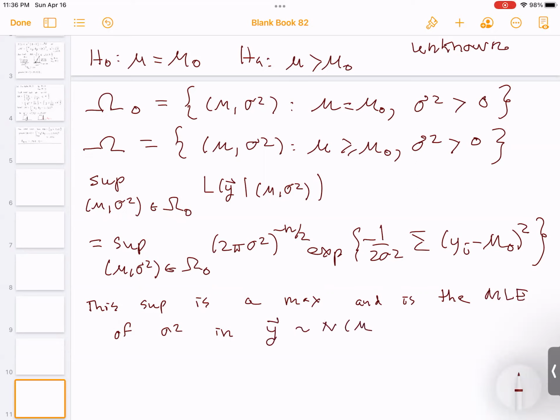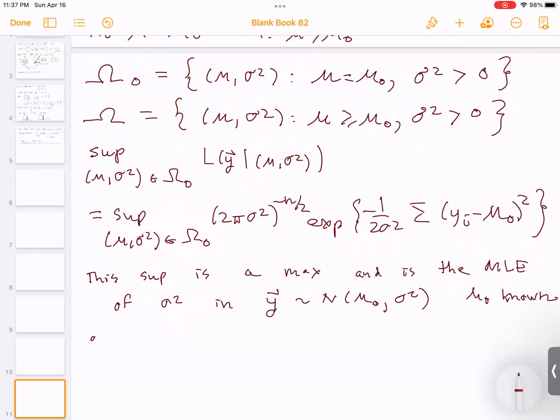Normal mu 0 sigma squared with mu 0 known. And was found to be, it's not the sample variance. Since you know mu 0, you actually can write the mu 0 in there.